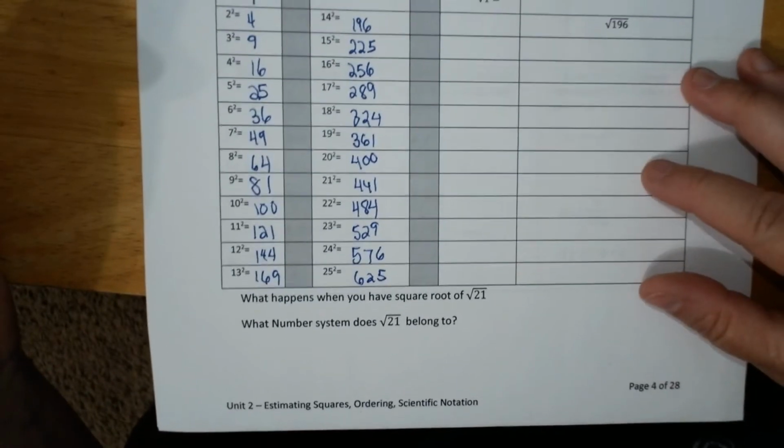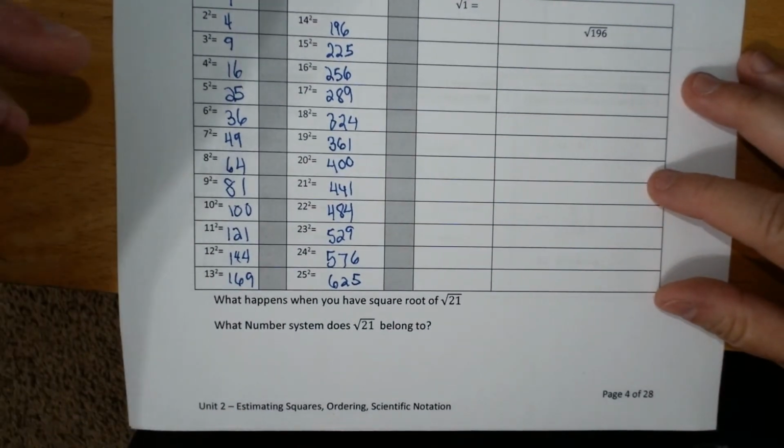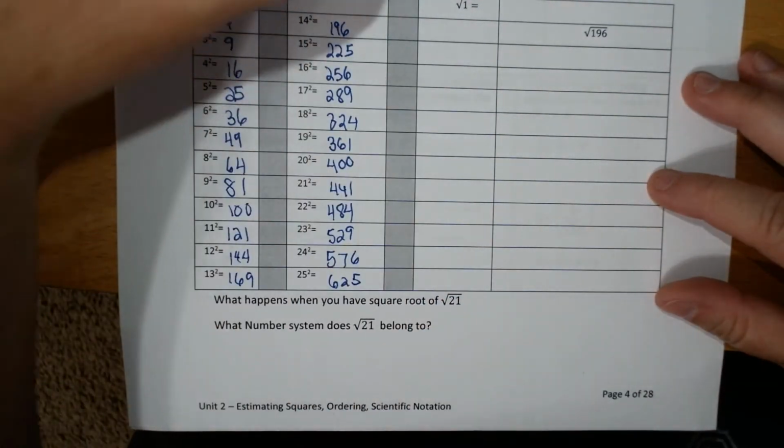Bare minimum, you should know up until 15 squared. Recognize them. Okay, so now we're going to do the inverse operations.